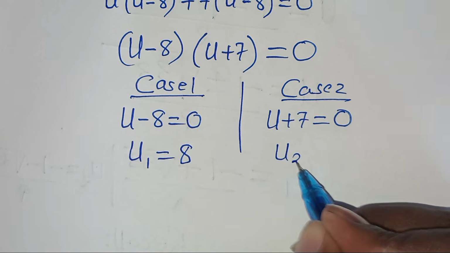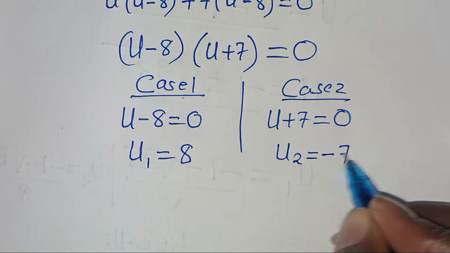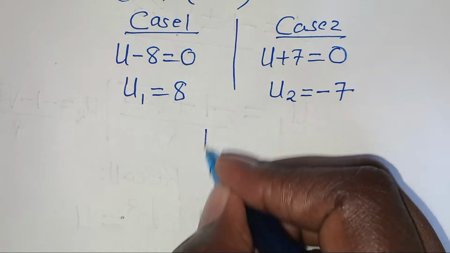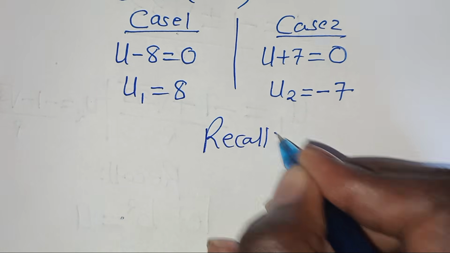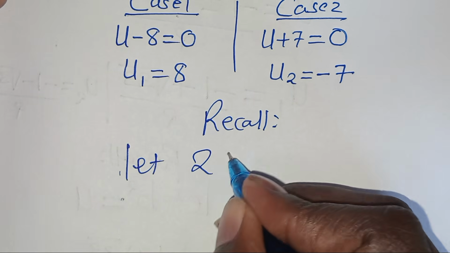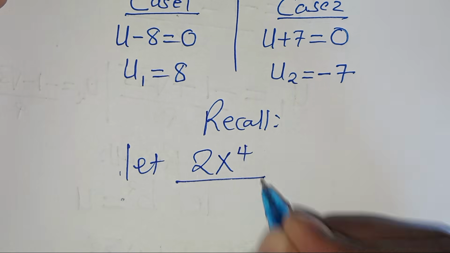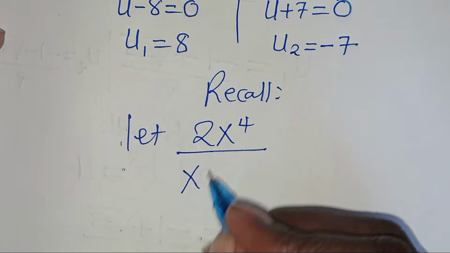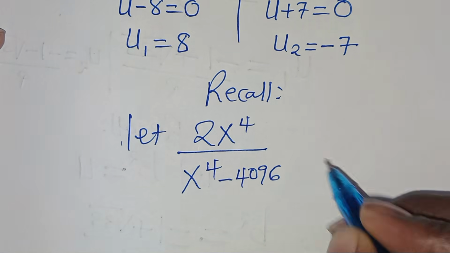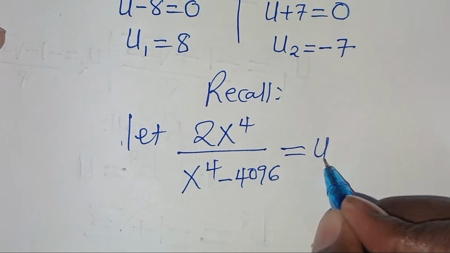And u2, this is equal to negative 7. Now, if you recall, we have seen that we let 2x to the power of 4 divided by x to the power of 4 minus 4096. This is the same thing as u.